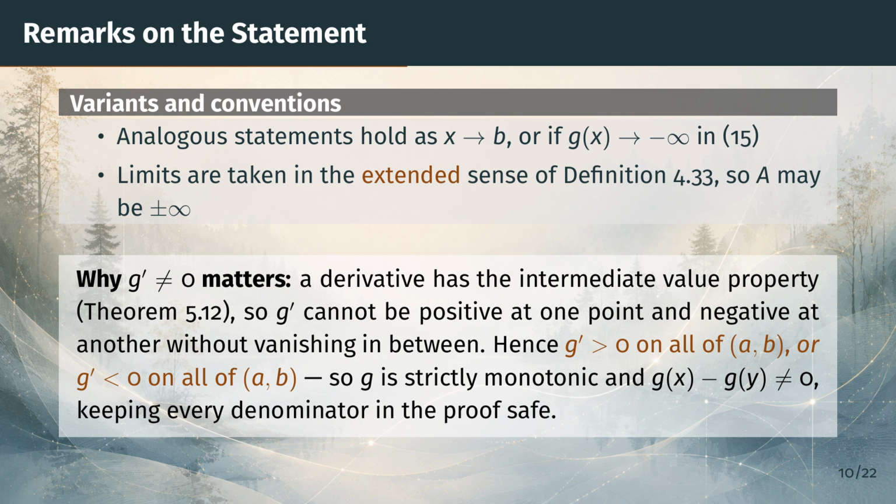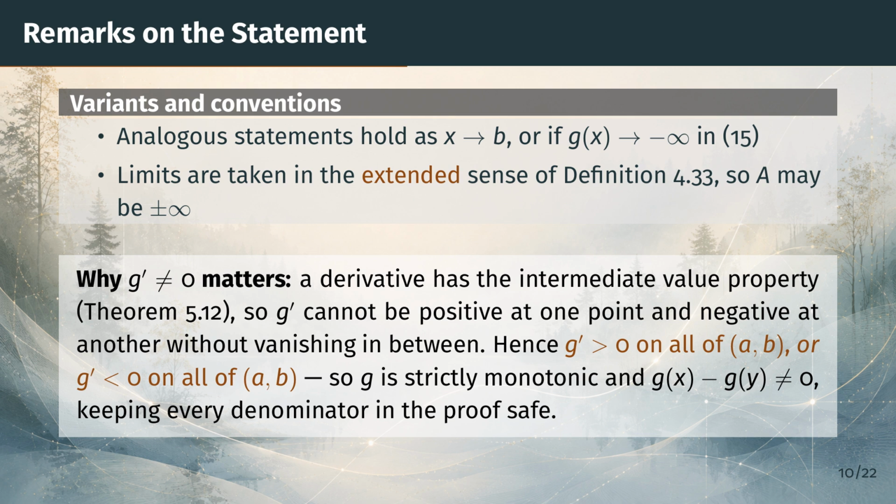Finally, the assumption that g prime is never 0 is more powerful than it first appears. Recall from the previous section that a derivative has the intermediate value property, theorem 5.12. So g prime cannot be positive at one point of the interval and negative at another, because then it would have to pass through 0 somewhere in between, which we have ruled out.